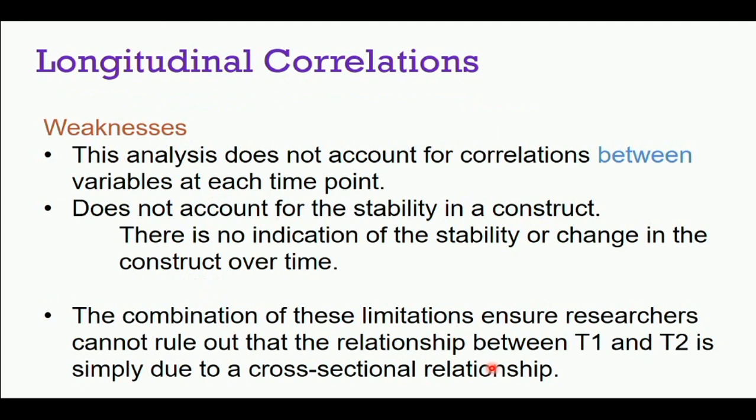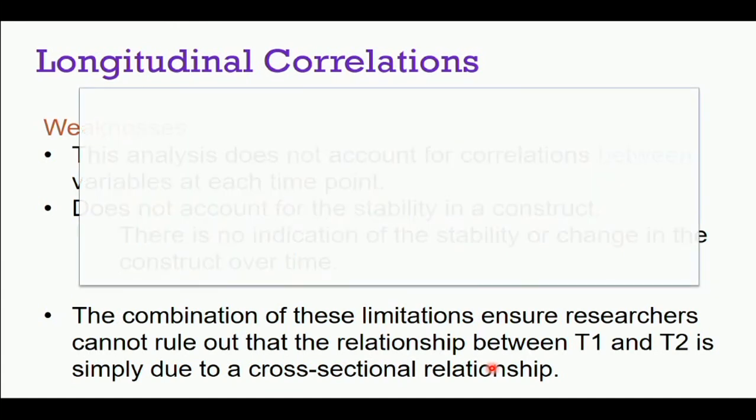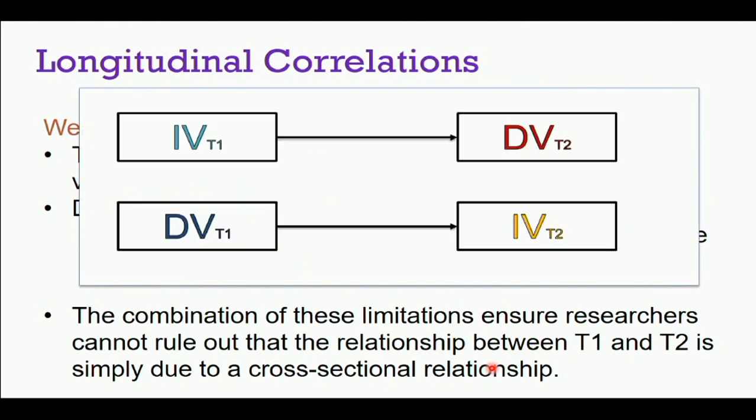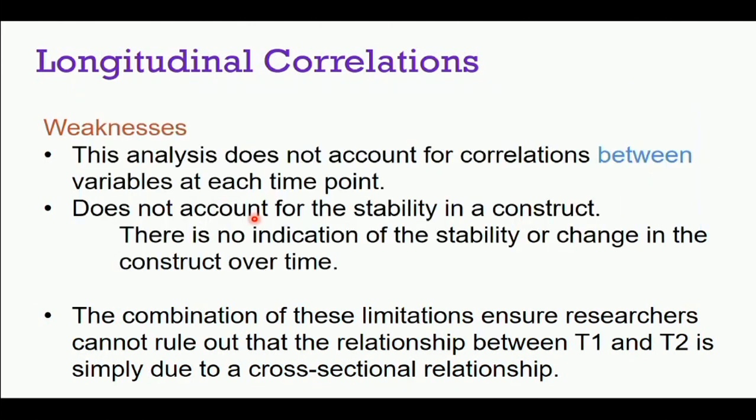The weakness is that it doesn't account for the correlations between variables at each time point. So what am I talking about? I'm talking about these two here and these two here. And it doesn't account for the stability in the construct. So there's no indication here of the stability or change over time.